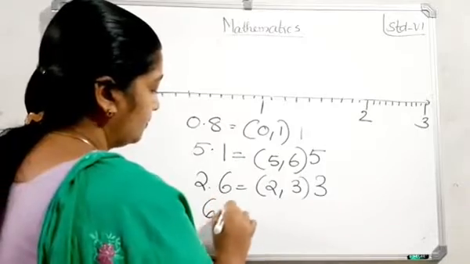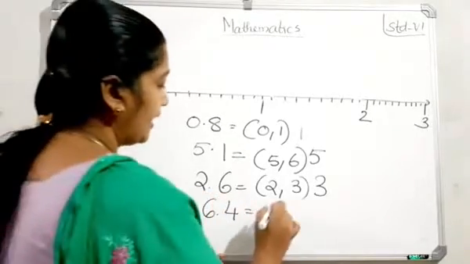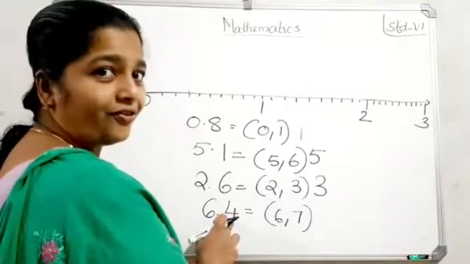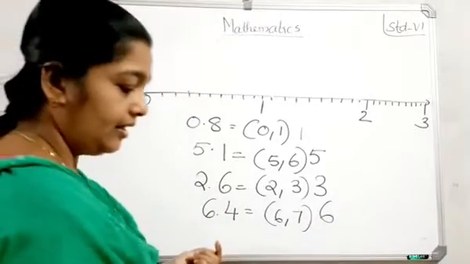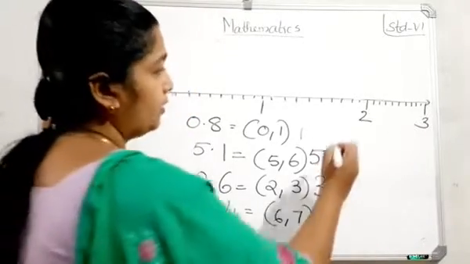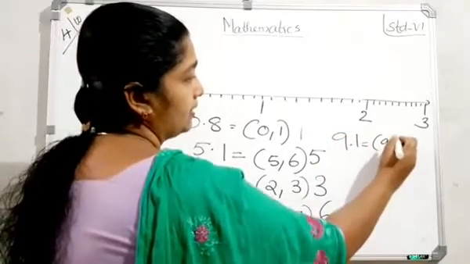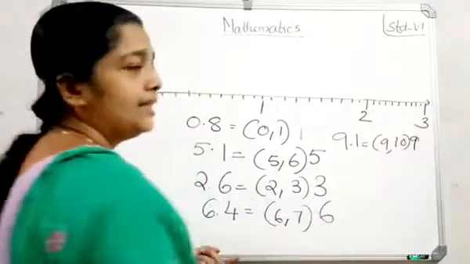6.4. All of you say the answer without a number line. 6 and 7, and 0.4. Therefore, near to 6. Next question, 9.1. Say 9, 10, and near to where? 0.1. Therefore, 9.